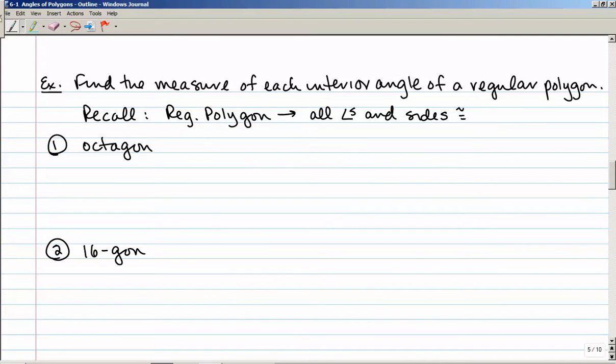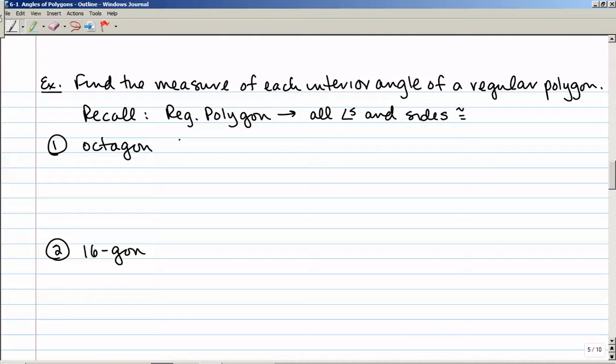This example says find the measure of each interior angle of a regular polygon. Recall that a regular polygon has all angles and all sides congruent. So the measures of all of the angles are going to be the same, and all of the sides are going to be the same length.